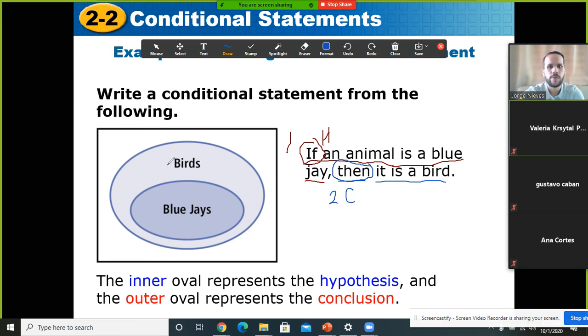So this is another way we can write a conditional statement if we have a diagram like this. Es un diagrama. Esto se llama un Venn diagram. Pregunta hasta aquí.